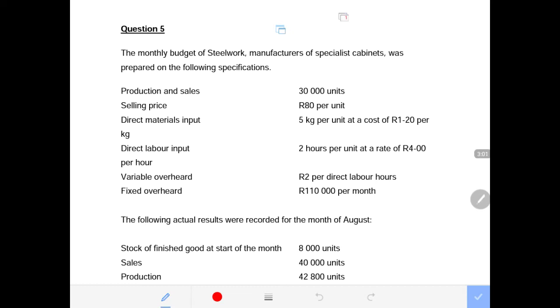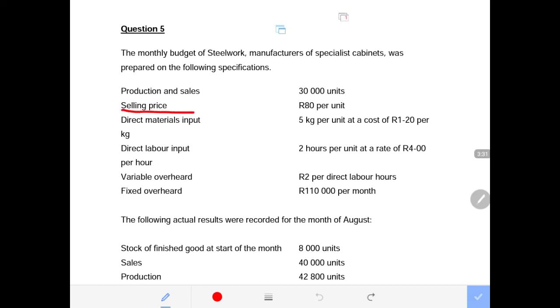Very, very crucial. Now it says the monthly budget of Steelwork, manufacturers of specialist cabinets, was prepared on the following specifications. The company budgeted to produce and to sell 30,000 units in the given month. So this is a monthly budget, 30,000 units.